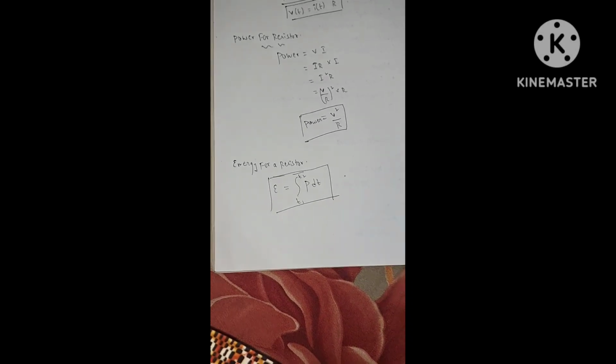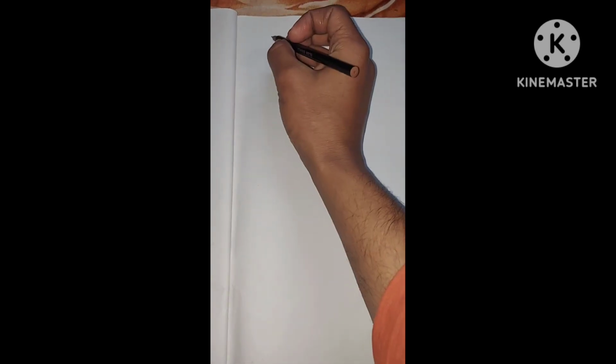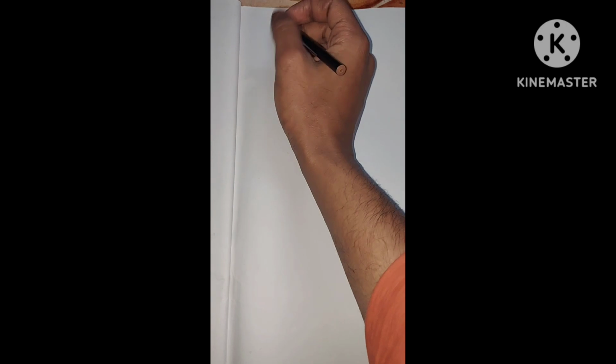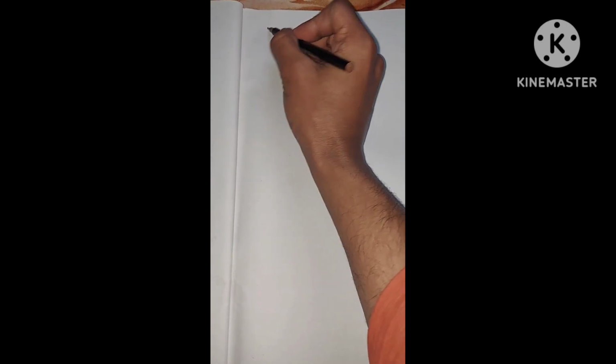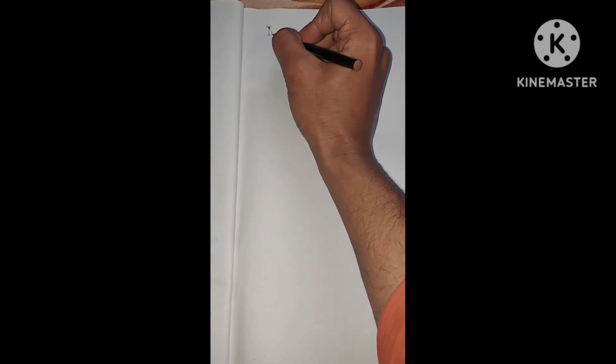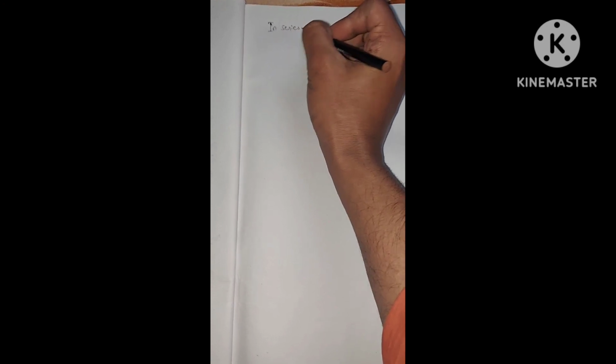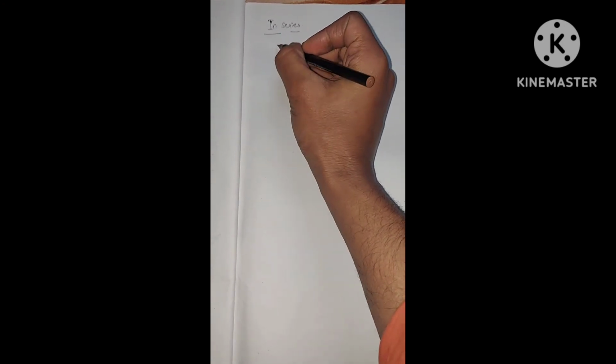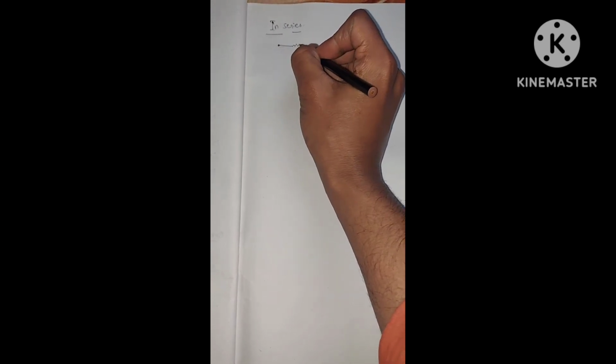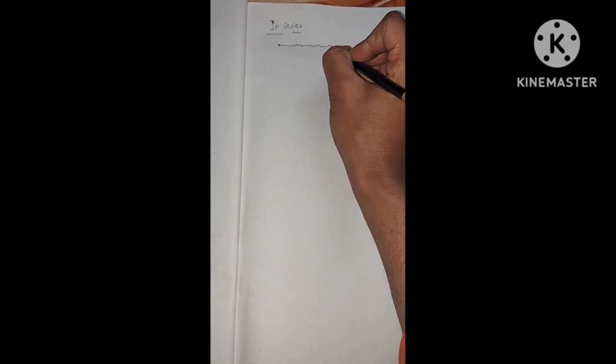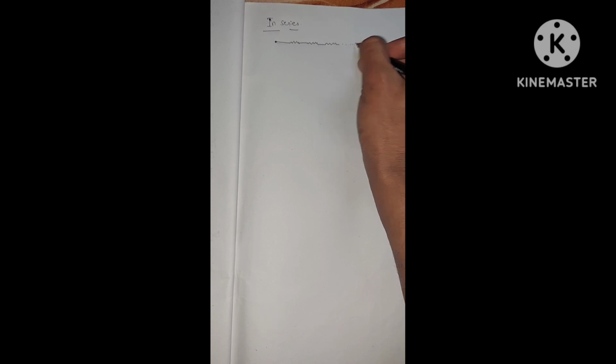Next, now we will see some properties of resistors. Okay, for example, if there are n number of resistors and they are in series, how will we find the total resistance? So first, in series. There are n number of resistors. For example, I take a terminal, R1, R2, R3, dot, finally Rn number of resistors are there.